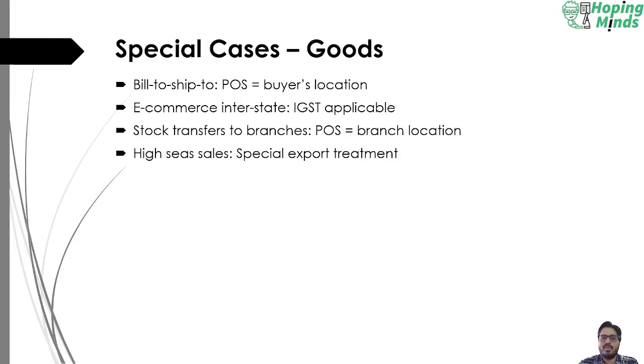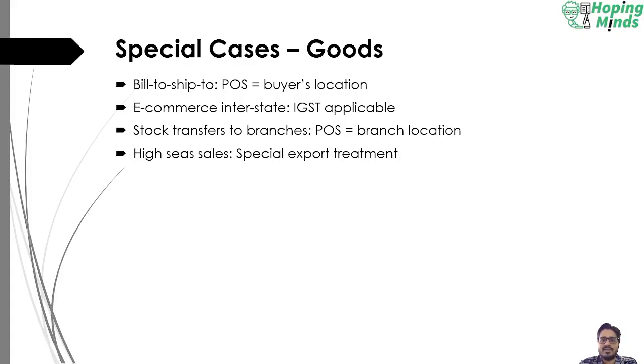In case of e-commerce transactions, IGST shall be applicable as it is treated as an interstate transaction. Then stock transfer to branches: sending goods from one branch to another branch is treated as a supply under GST, and the place of supply will be the location of the branch.